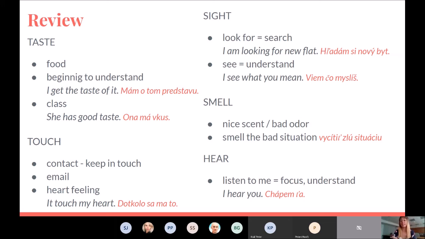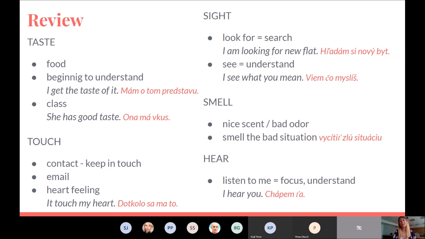I understand where you are going. Okay, see and understand. When we talk about smell, we said that smell is a verb and as well noun, but you can hear new words. So for example, scent, when it's a positive, so nice scent or good scent, nice perfume scent.